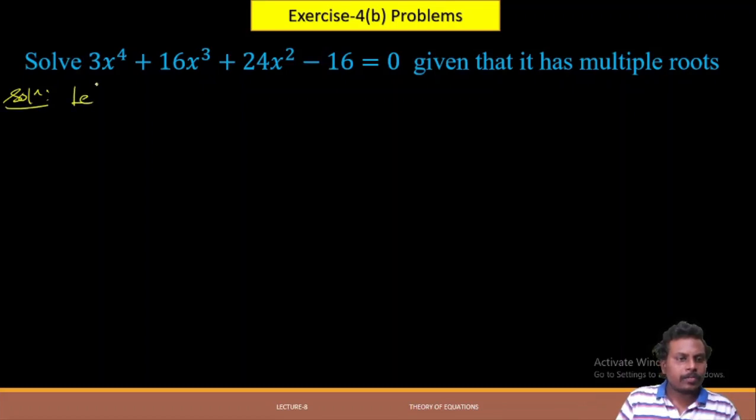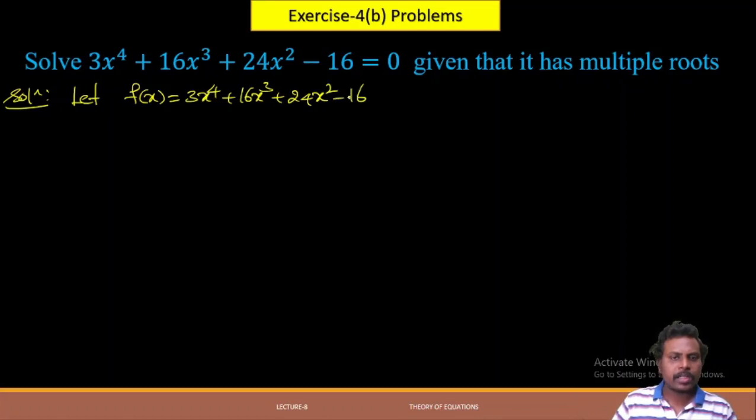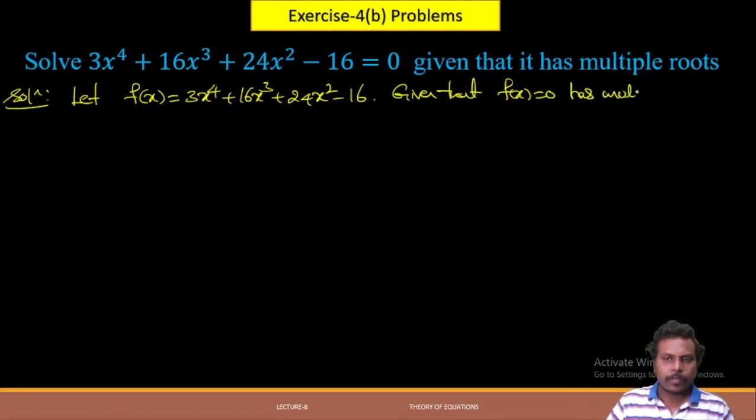Let f of x be equal to 3x power 4 plus 16x cube plus 24x square minus 16. Okay, given that f of x is equal to 0 has multiple root.